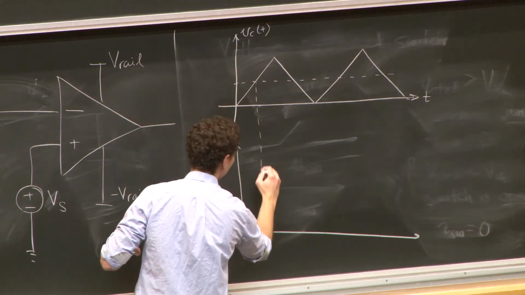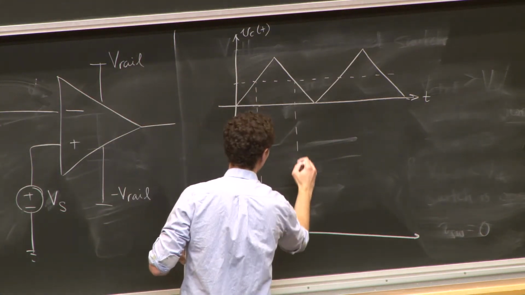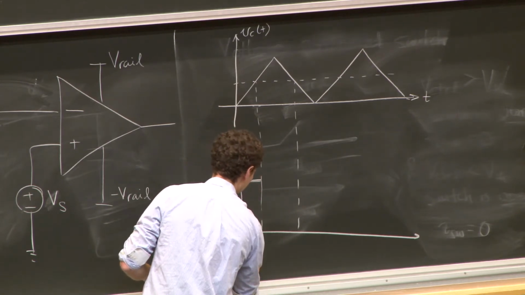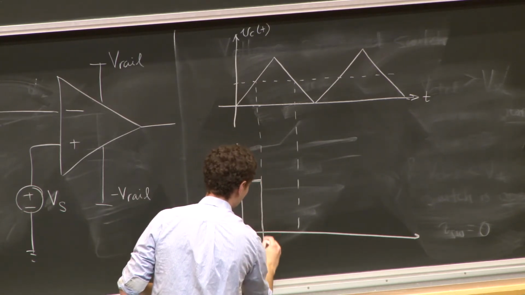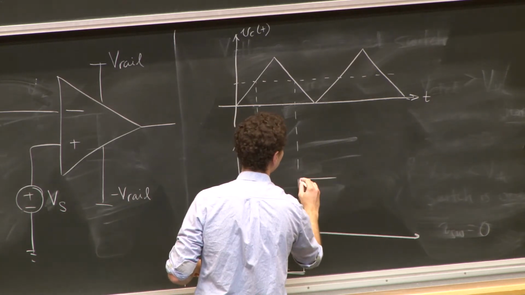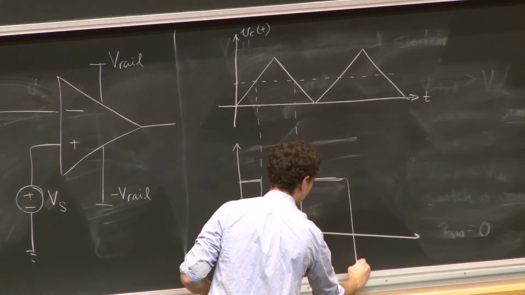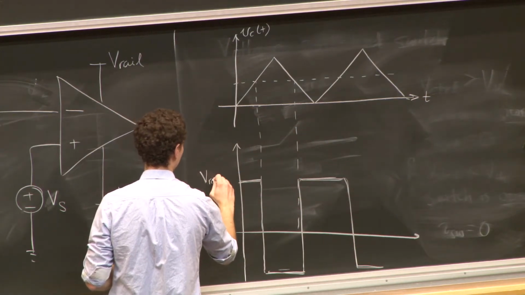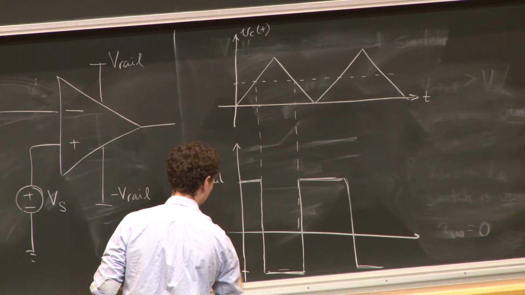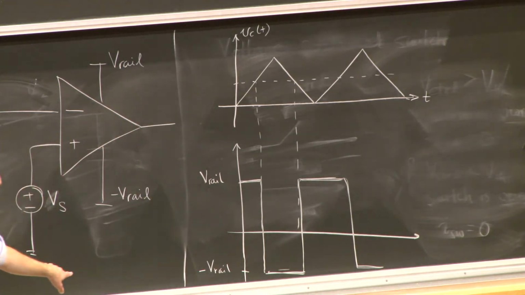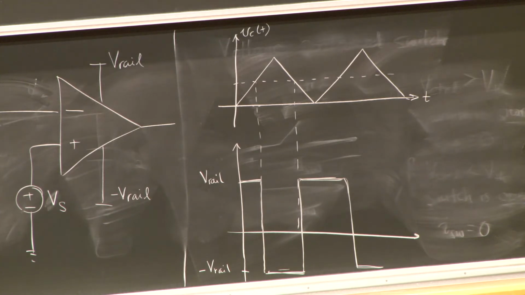So if we do this, it will be positive V rail, and then in the other phase, we'll be at negative V rail, and back up to positive, back down to negative V rail, minus V rail, okay, as a function of time.